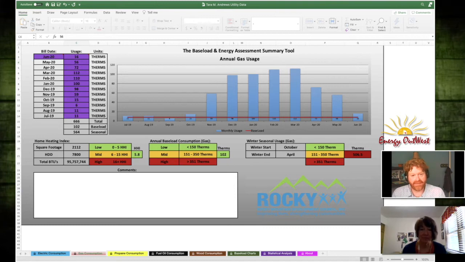And then with the winter seasonal use in the high range, again, that's going to be pretty typical for a home. You've lived there for 30 years, and if it was new or older, that's pretty typical for a home of that vintage. And those are certainly all the things that we're very well prepared to tackle with insulation and air sealing and so forth. So does the gas usage here meet your expectations? Do you have any questions about that?